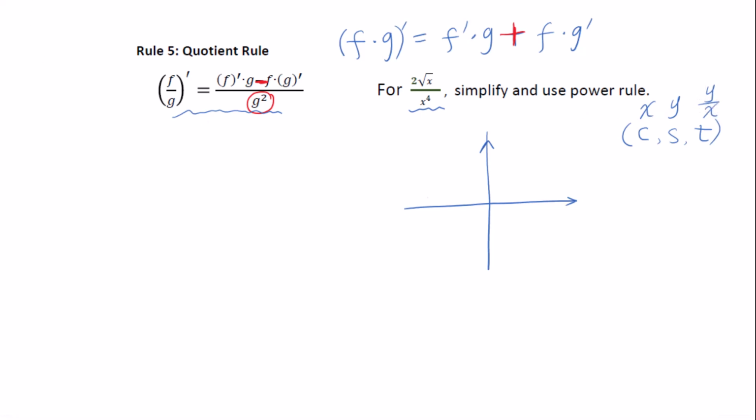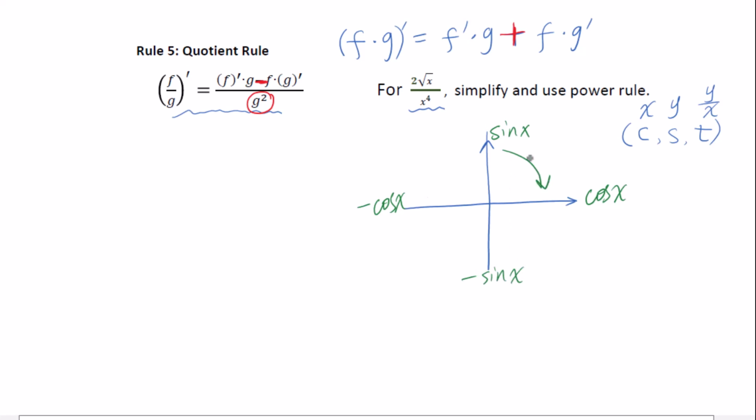In other words, cosine x is on the x-axis and sine x is on the y-axis. So we can label this cosine x, here is negative cosine x, this is sine x, this is negative sine x.